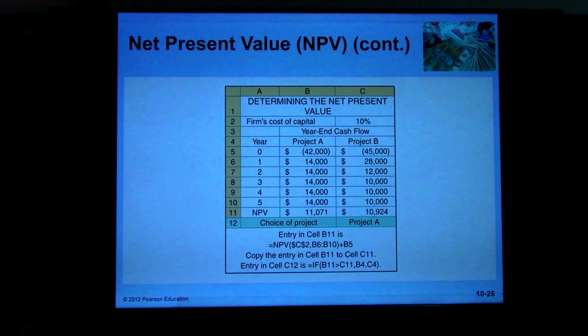After you finish data entry you will come to a new cell and try to write the following Excel formula, which is equal NBV, N capital B capital V capital, open brackets. Then the first part is the interest rate.